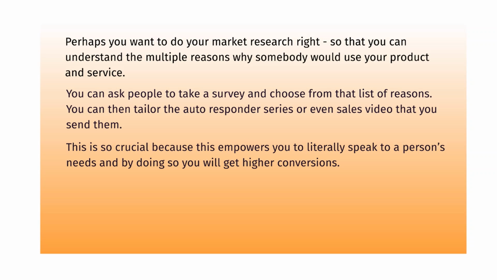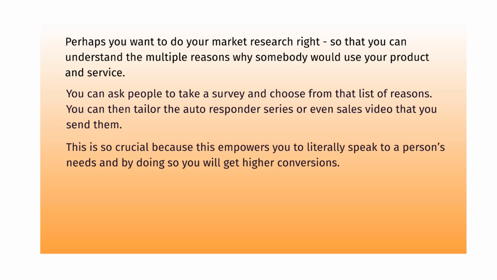If they choose number 1, they get sent to a different email autoresponder and a different video sales letter that talks about that specific need. And let's say they choose number 3, then they get sent to a totally different sales letter or sales video and a different email autoresponder series that is tailored to that specific need. Hopefully that makes a little bit more sense, but we're going to give you practical examples.